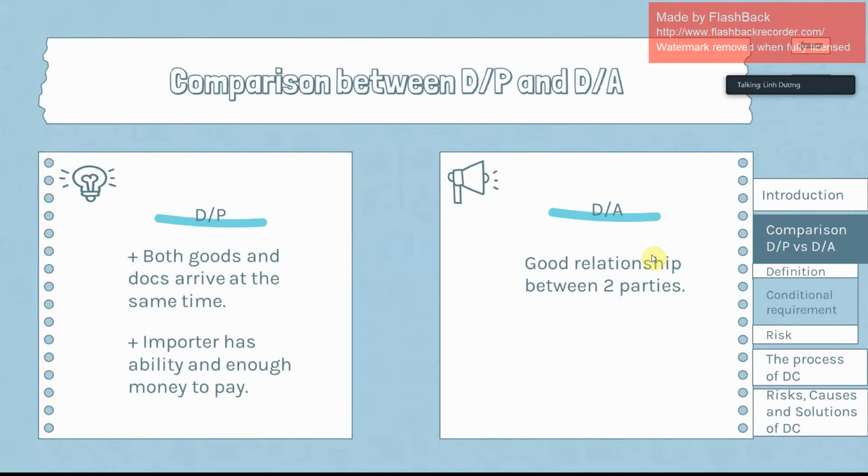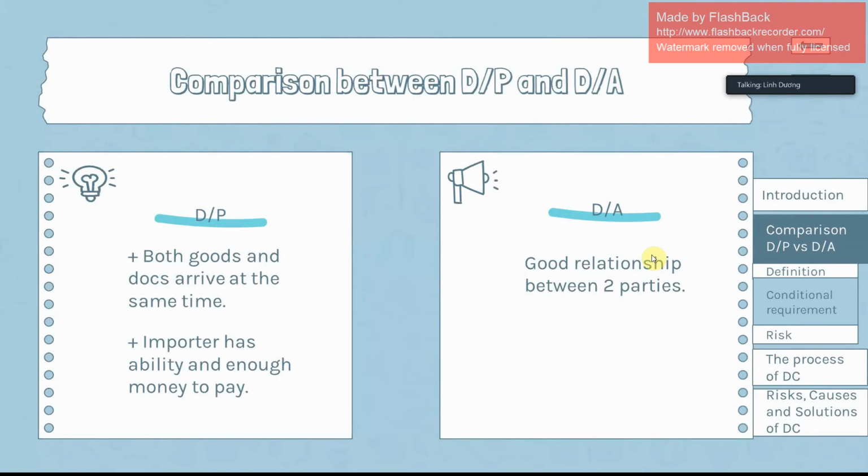This means that on the first step of the process, when the exporter and the importer make a sales contract, after they made up the agreement, the exporter starts to ship the goods and the documents will be prepared at the same time. Who prepares the documents?